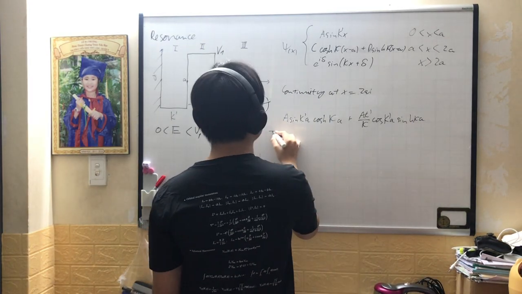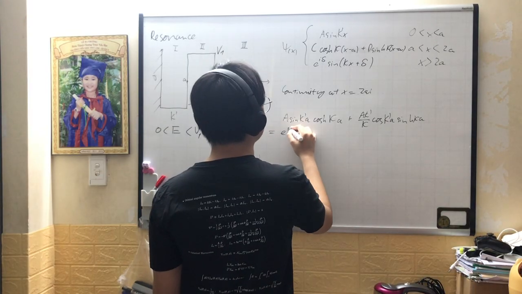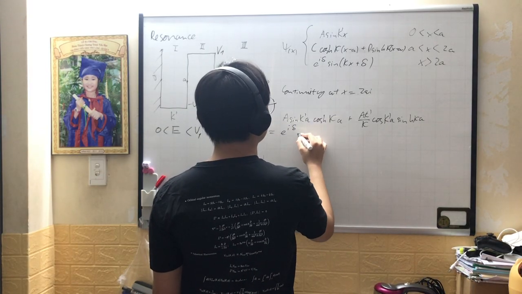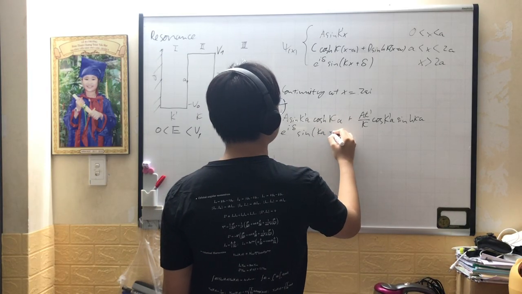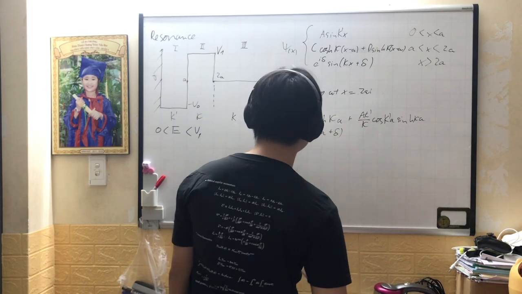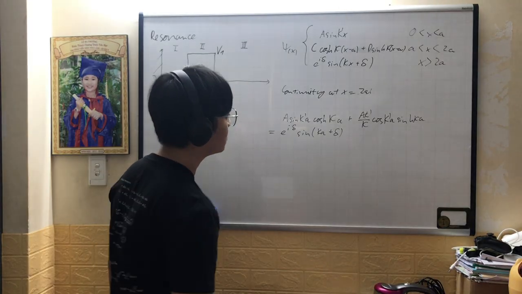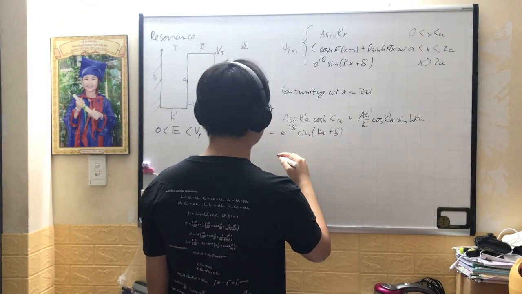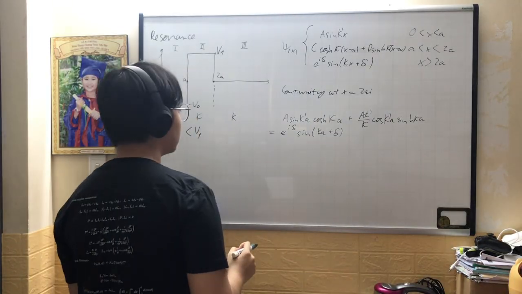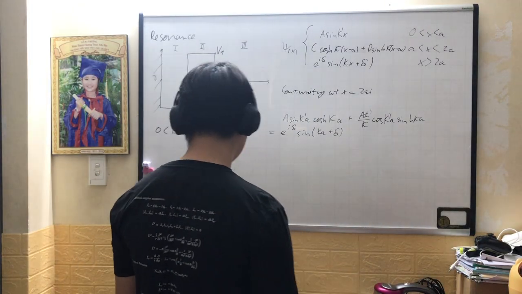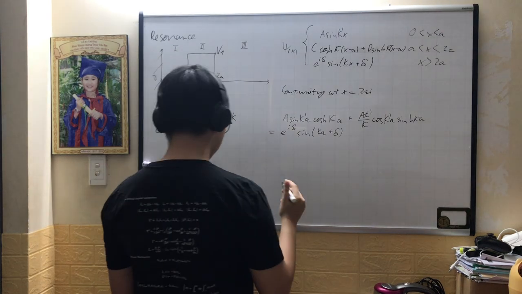This guy is equal to the region 3, which is this guy. Okay. This one we can't really cancel anything, so we're gonna move on and take a look at its derivative.